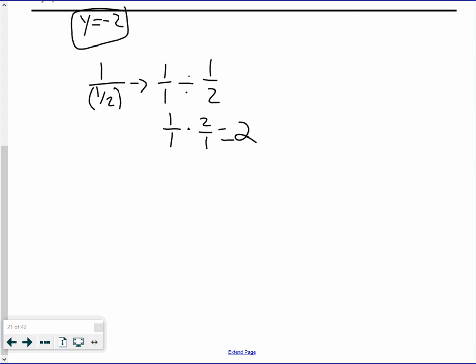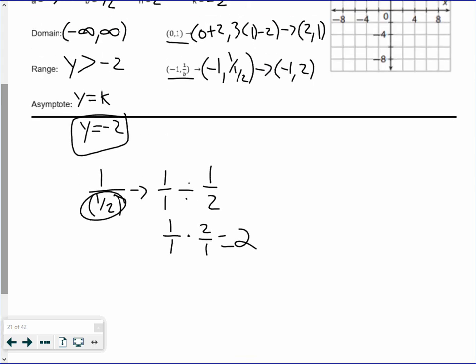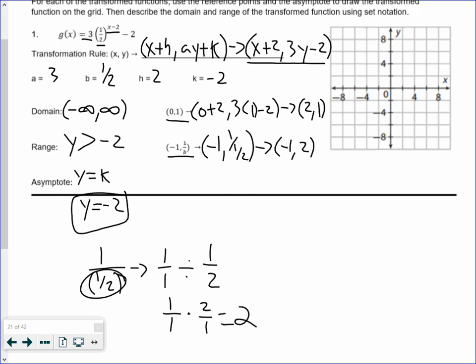So that's why all you do when you have 1 over another fraction is just flip that bottom fraction, and you get a simplified version of that number. So 1 over 1/2 is just going to be 2. And at the same time, 1 over 1/3 will just be 3, and 1 over 1/4 will be 4. That's how it's going to work.